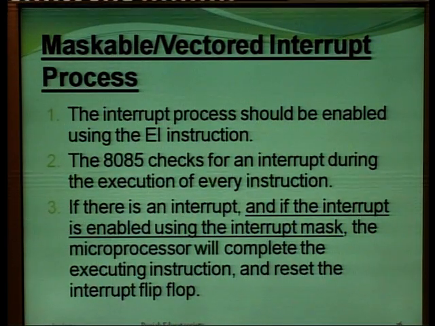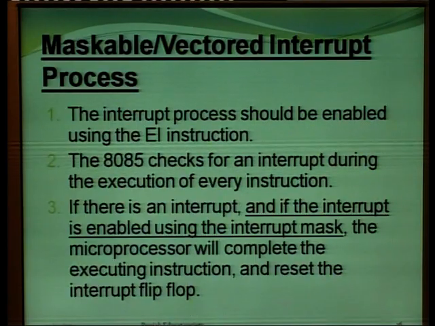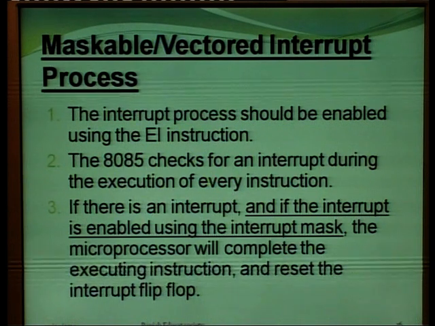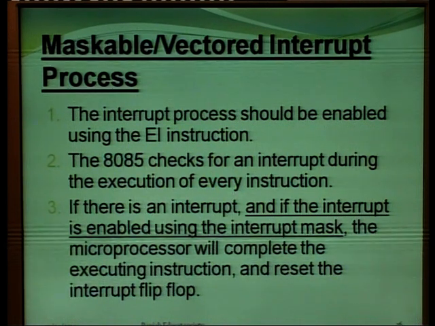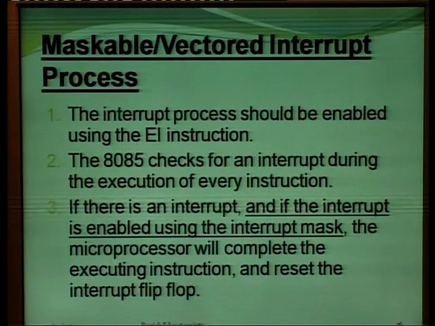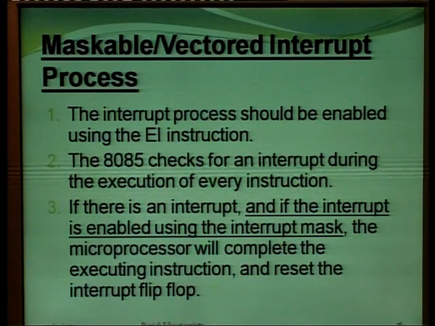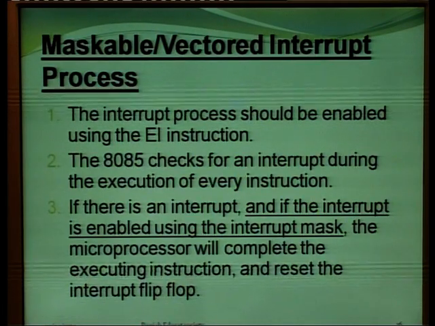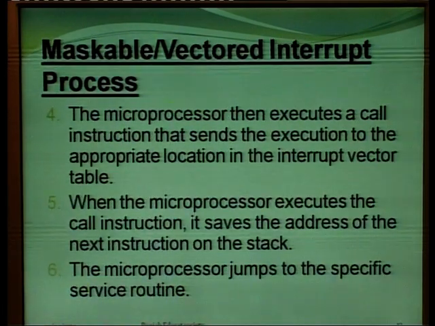If there is an interrupt signal, and that interrupt is enabled using the interrupt mask, the microprocessor will complete the current execution, save the current status of the program counter in the stack, and reset the interrupt enable flip flop.